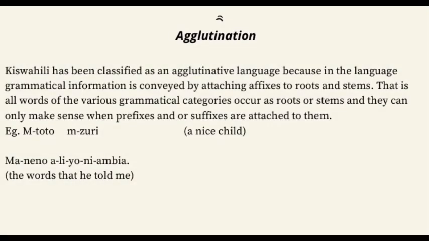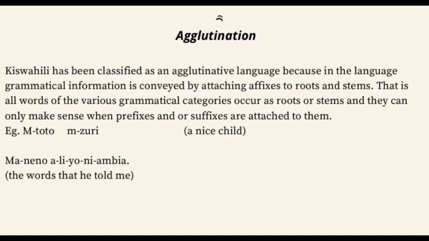The next characteristic is agglutination. Agglutination means words that are put together. We know that in English or in other languages, words are not supposed to be put together, so words are separated.